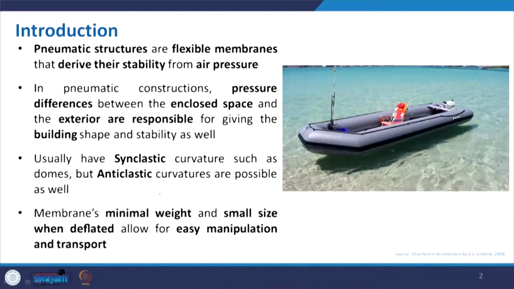So, let us start this particular lecture and go through different examples to understand the structural application in a better way. Now, before I read out anything from the slide, let us see this particular boat. Okay, so we are all familiar with this, some of us having the experience of using it, or maybe we have seen it in some documentary, video, or movie.